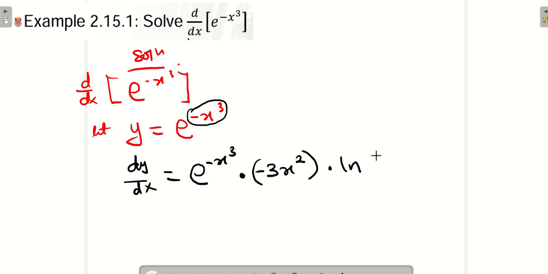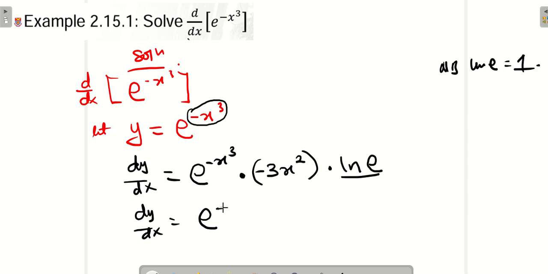So you multiply by the derivative of the exponent, then you finally multiply by the natural logarithm of the base. The natural logarithm of the base is ln e, but note that ln e is equal to 1. So in this case, this whole expression will be 1. So we have dy dx should be equal to e to the power negative x cubed. Then, let me rearrange it.